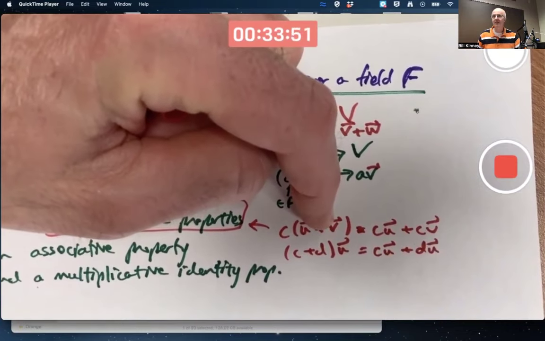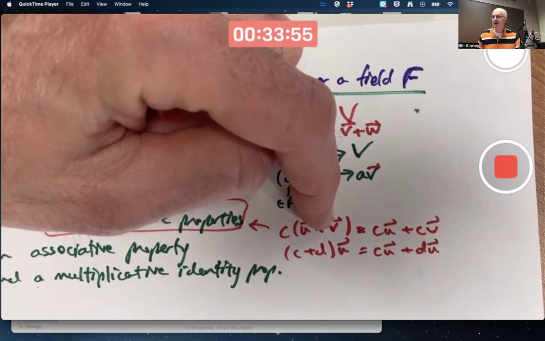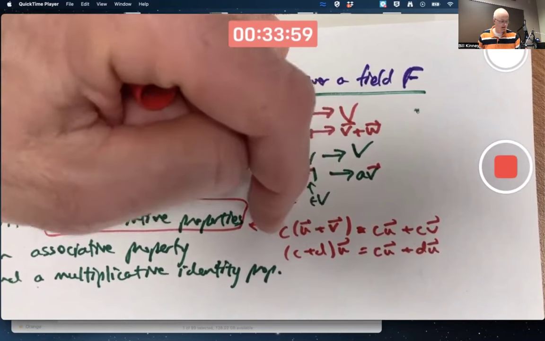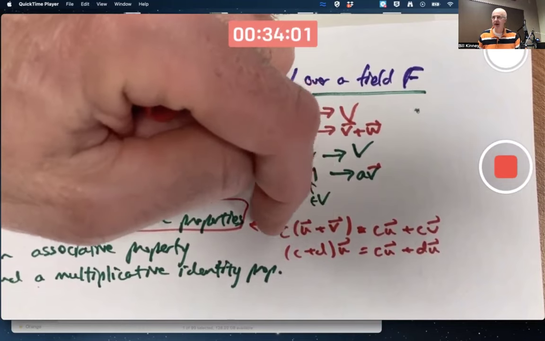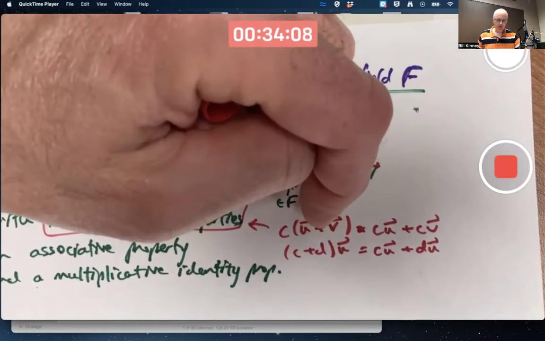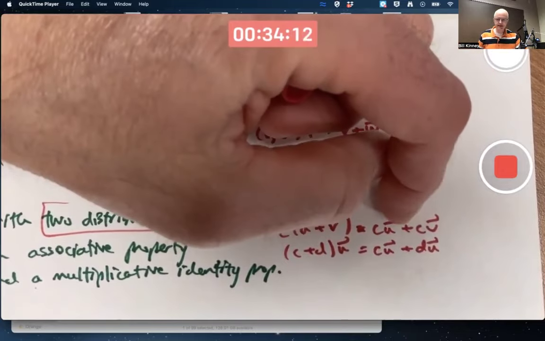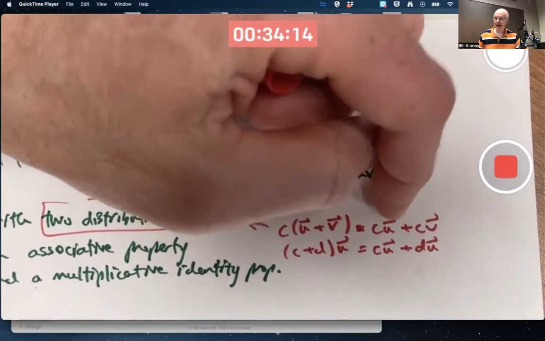This addition here is vector addition. That's the group operation in the vector field, the vector addition. C times that sum is the scalar multiplication. And we're saying you get the same result. Here we're adding the vectors first, then multiplying by the scalar. You can multiply by the scalars first times each vector, then add the results.